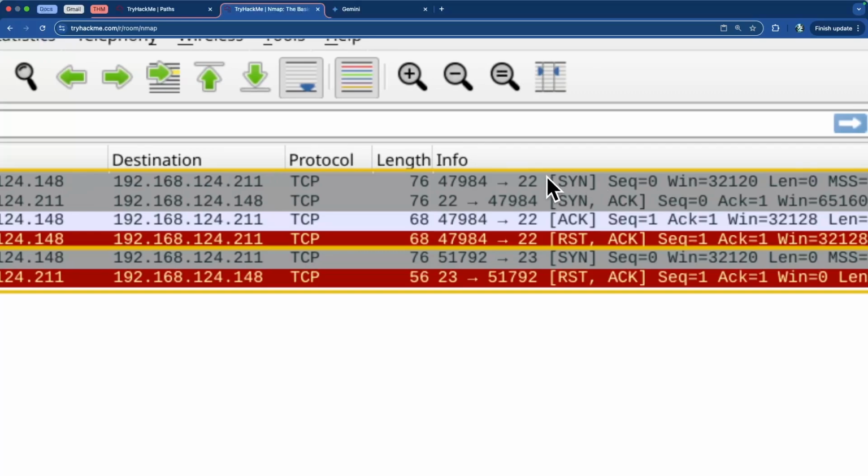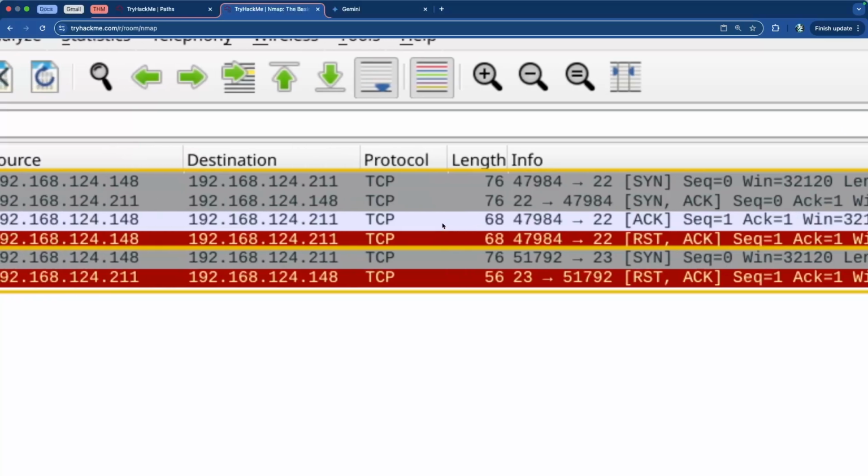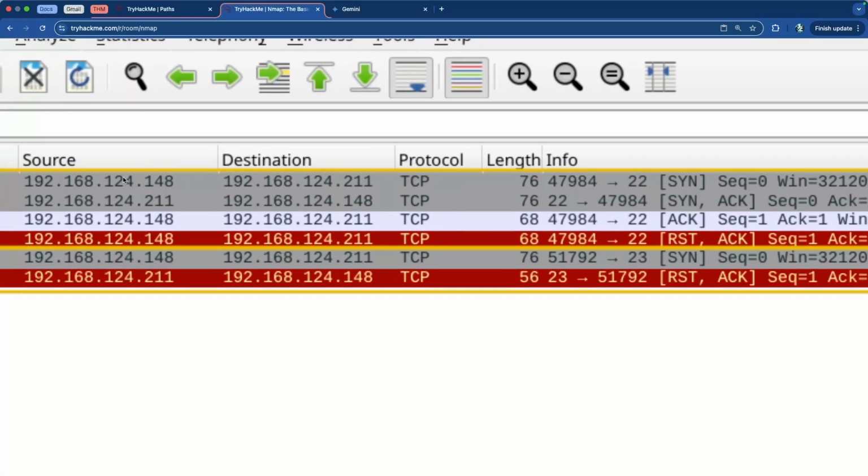So you see the SYN packet sent, and then the server responds with a SYN acknowledgement, and then we send out an acknowledgement, and now we have completed the connection. And then at the very end, we get a reset acknowledgement, which means the connection is now killed. So we are the 148 machine and we're trying to connect to the 211 machine, and we get our connection, and then at the very end we send the reset acknowledgement, meaning close this connection.